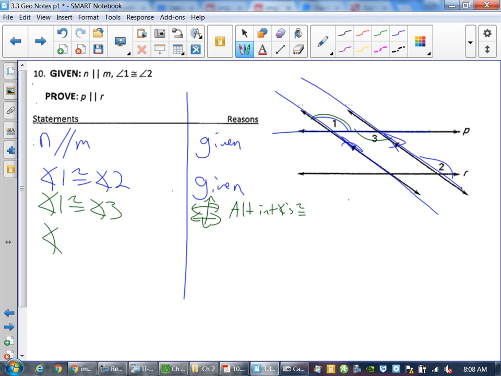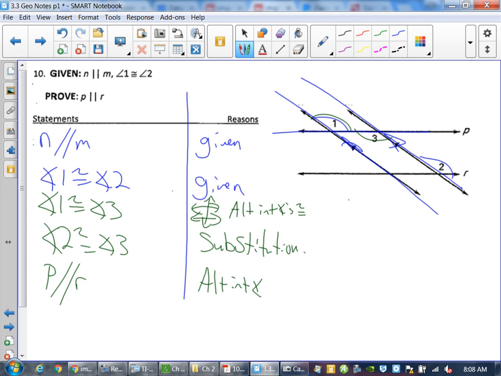Shh, guys. Sorry. And then the last one, P is parallel to R because now we have congruent alternate interior angles. So alternate interior angles congruent, lines parallel.